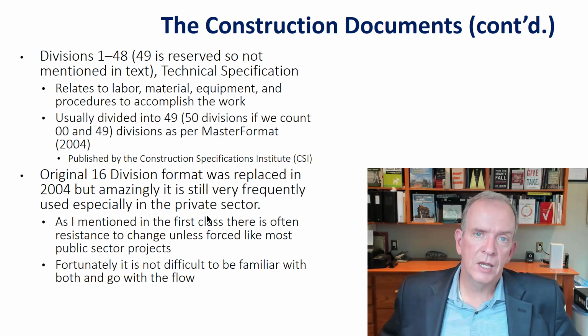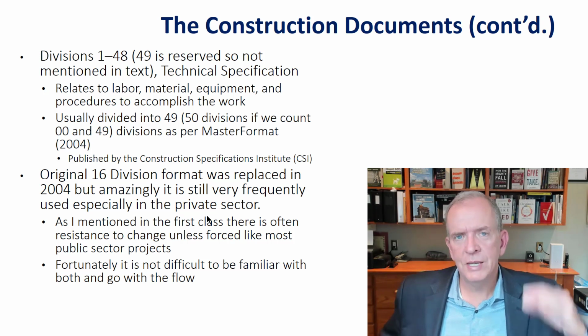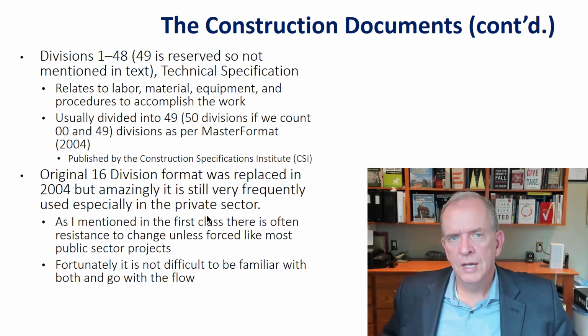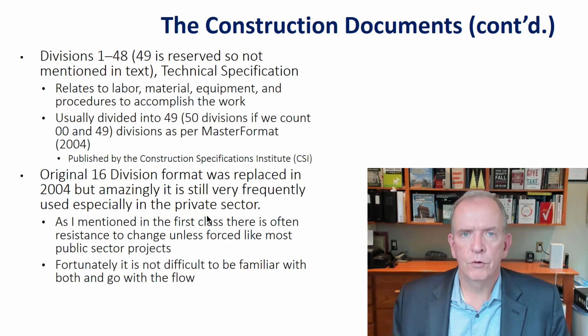The engineering specifications are using the 49 division format, and the architectural specifications are using the 16 division format. The good thing is most of the stuff in that sector, not everything, but most of it, still keeps the same section number. So it makes it not too difficult to do those kinds of things. I do find the private sector is still quite frequently using the 16 division format.